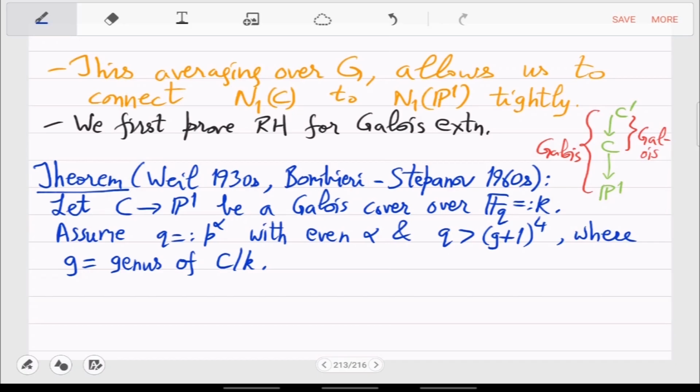So g is the arithmetic genus of the curve over this base field, and we need to take the field to be sufficiently big compared to the genus. That's okay because we have seen that we can prove the Riemann hypothesis at any field, and then it will hold for every other field.